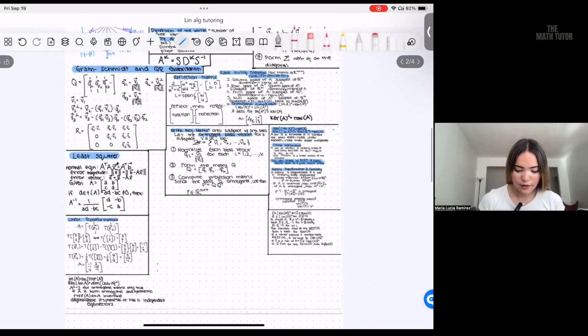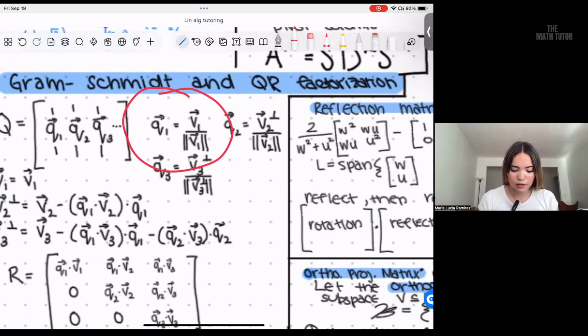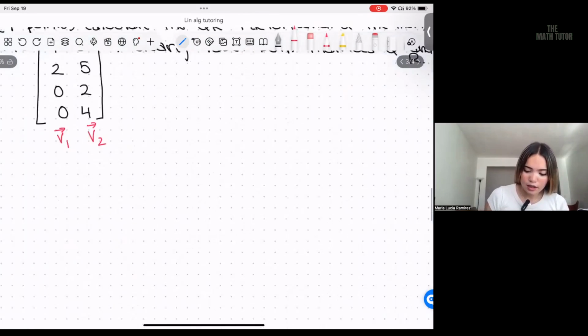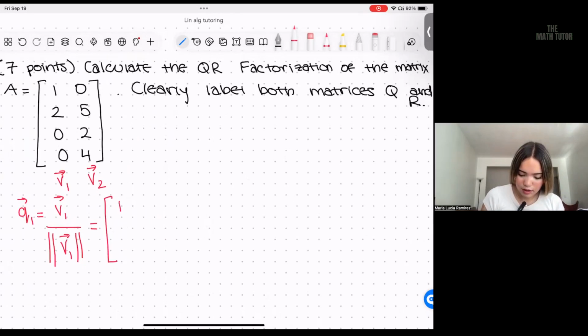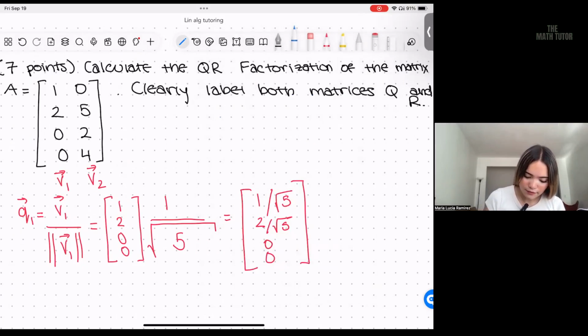So using V1 and V2, we can find our columns of Q. The first column of Q is going to be normalizing our first vector. So Q1 equals V1 over the magnitude of V1. V1 is 1, 2, 0, 0, and 1 squared plus 2 squared is 5. So we found our first column of Q.